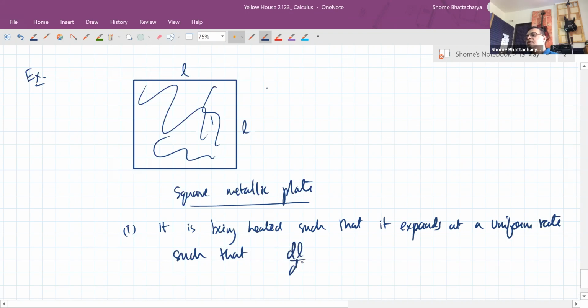The rate at which the length is increasing is, suppose, 0.2 millimeters per second.